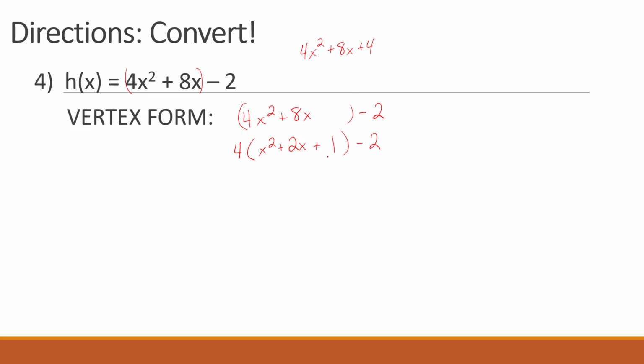Notice, despite the fact that I have a 1 sitting here in my perfect trinomial, when it gets multiplied by the 4, I have really added 4 units to the right side of my equation. And so the only way to keep this equation balanced would be to subtract 4 units from somewhere. So I'm going to go ahead and subtract the 4 units outside the parentheses.